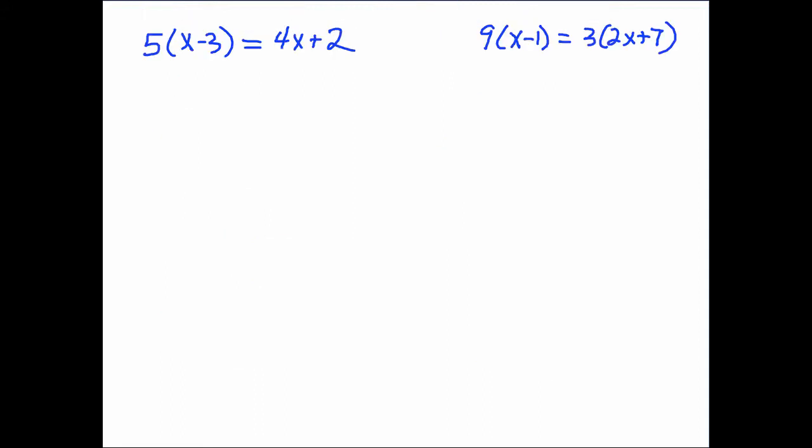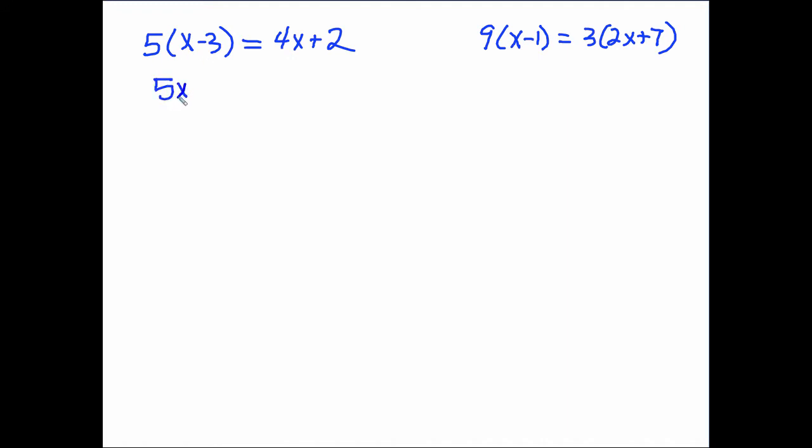Now let's try a few more. Here we have x on both sides, but we also see that we need to use the distributive property to expand these parentheses, and then we can move the x's from one side to the other. So we'll multiply this out.